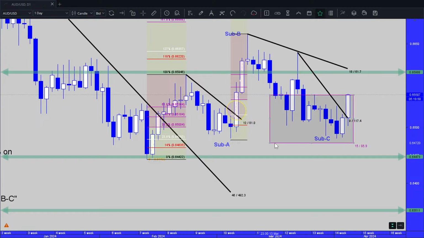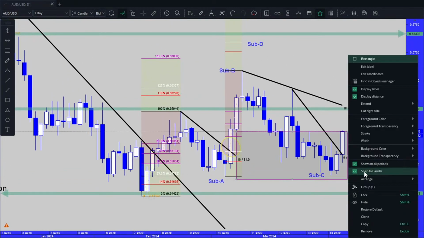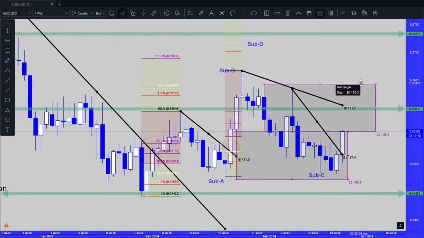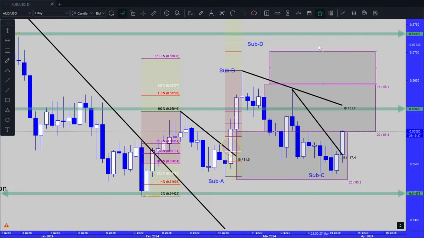So this would be the sub A stop loss, and red goes to red. So I'm risking 1 Bitcoin, 1 Euro, 1 Ethereum, 1 Ferrari to get 1.7 Bitcoin, 1.7 dollars, 1.7 euros, 1.7 Ferrari.